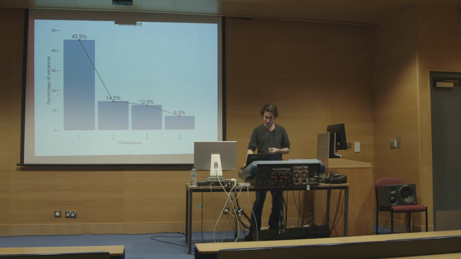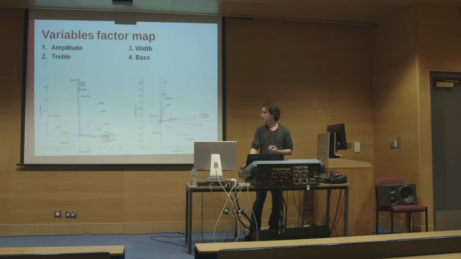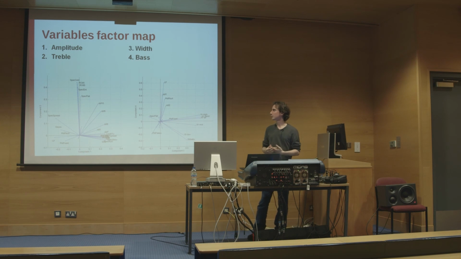When looking at which features are loaded onto these dimensions, the rotation was quite helpful here, in that you see a lot of features very strongly aligned to particular components. So we pretty much have a dimension of amplitude variation, dynamics, loudness, compression issues. Dimension 2 is mostly features of high frequency: spectral centroid, roll-off, and the highest bands of a few sub-band features.